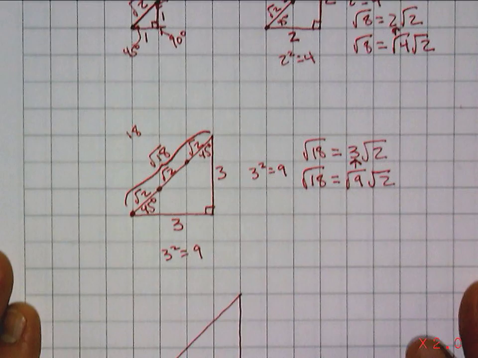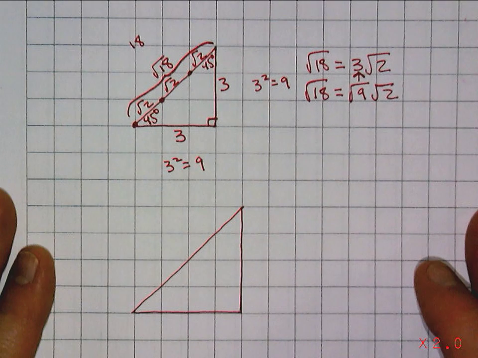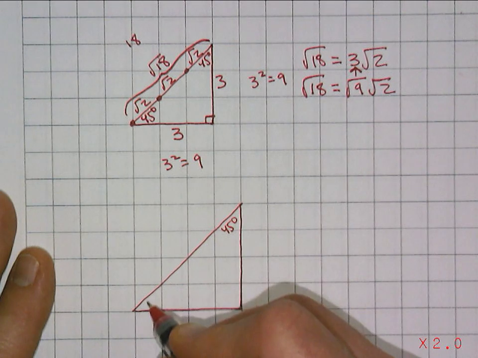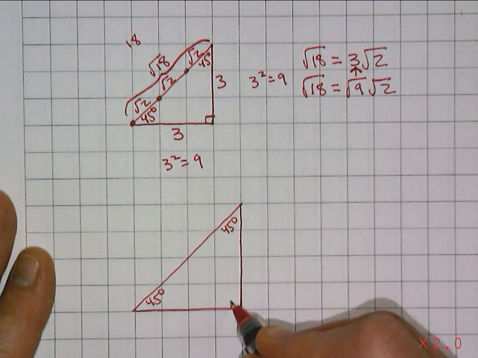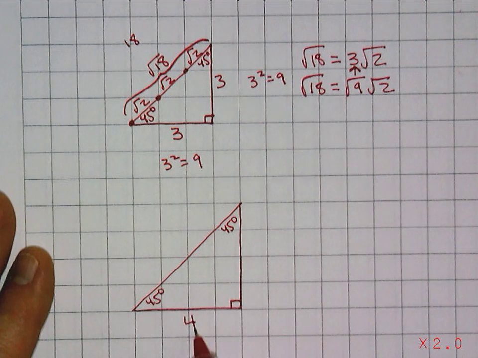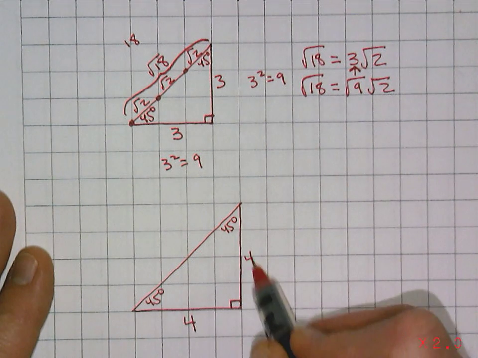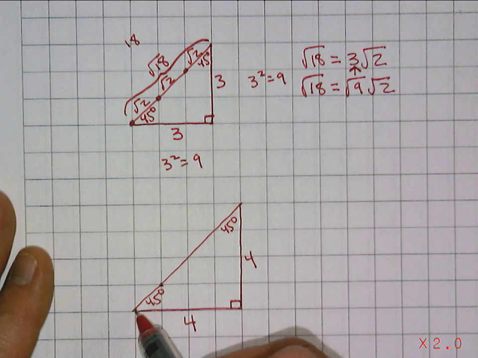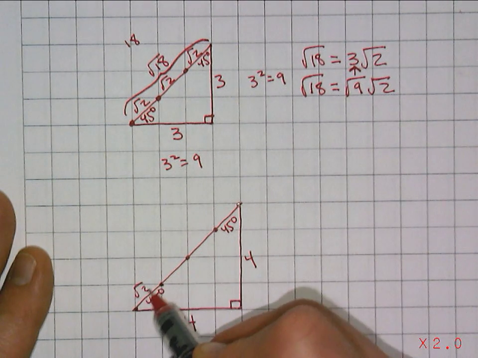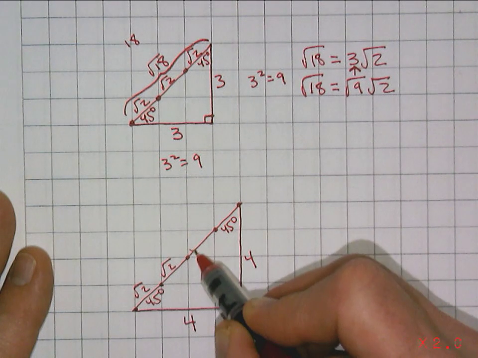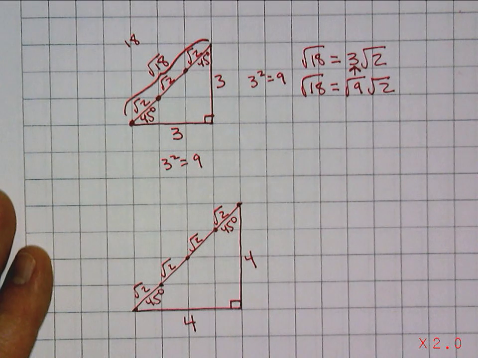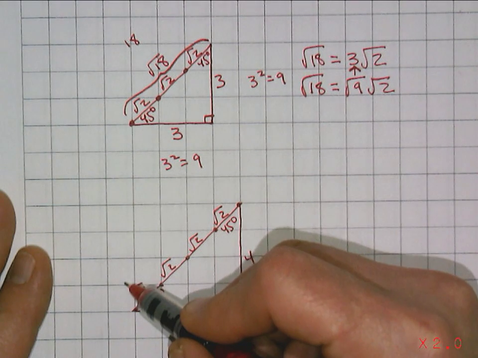And the reality is this is true for any or all 45, 45, 90 triangles. Literally, we can just look at the side lengths of 4 and 4 and recognize that if you look across the hypotenuse, there will be 1, 2, 3, 4 square roots of 2 across that distance.